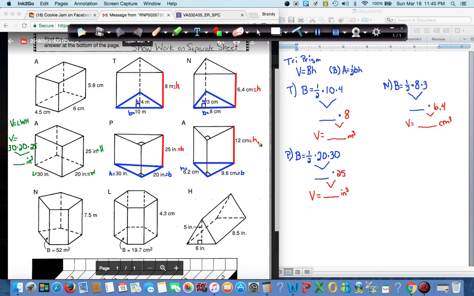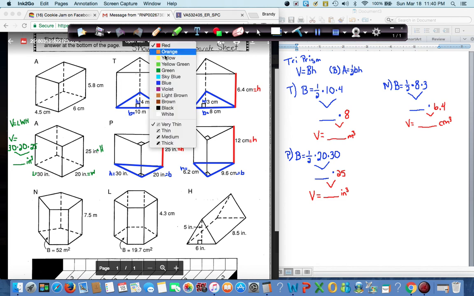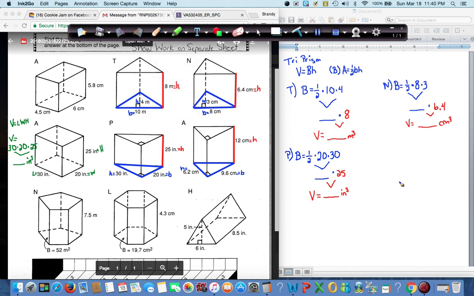Okay? All right. So letter A. We want to find big B first. So that's the area of a triangle, 1/2 times base times height. So 1/2, and we're talking the base and height of the blue triangle, this piece down here, just the base of the whole prism. So that's going to be 9.6 times 6.2.